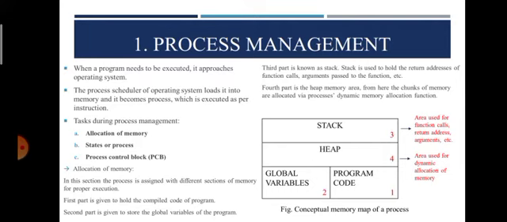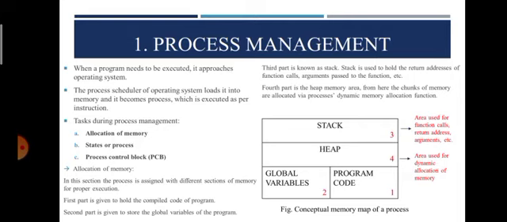Here we will see how the job is given different sections. The first part is given to hold the compiled code of the program. The second part is given to store the global variables of the program.